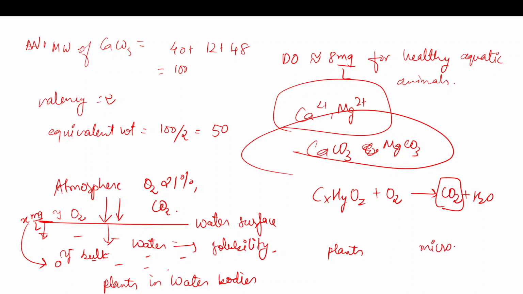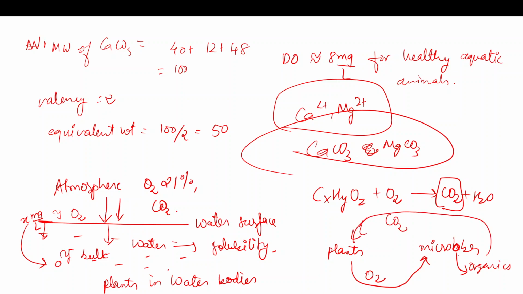So these are microbes. They consume oxygen which is coming from the plants while they are exhaling. They convert organics to CO2, which is again consumed by plants. So, right, this is a cyclic process.